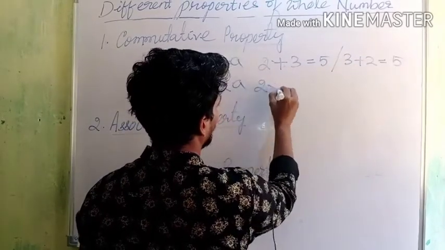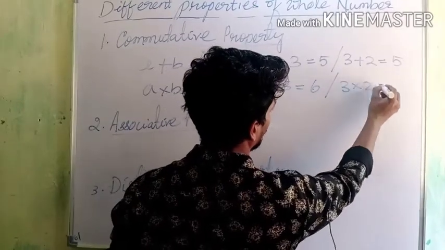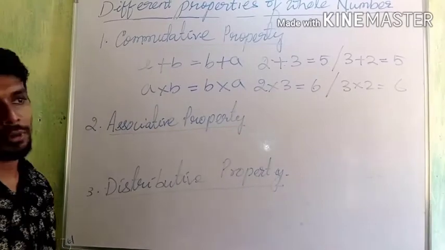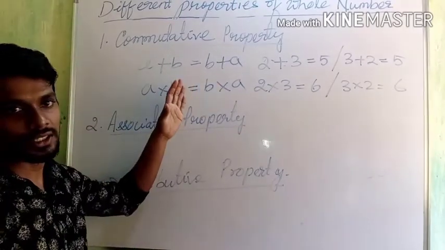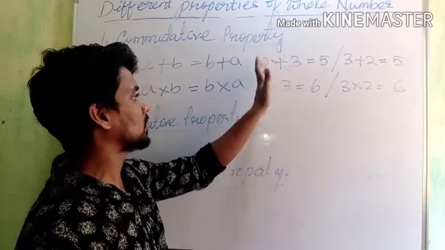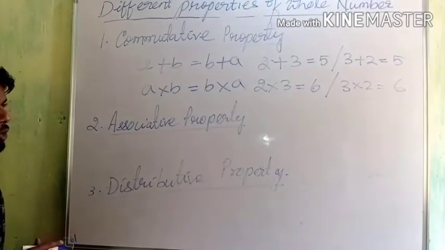Similarly, I'll multiply: 2 into 3 is 6, or 3 into 2 is 6. So this is called the commutative property. Even though you are changing the places, the answer is coming the same.